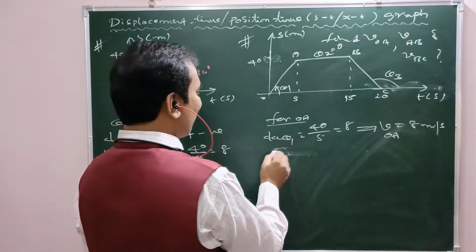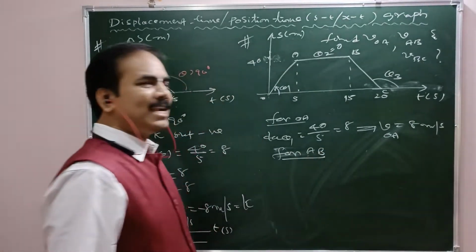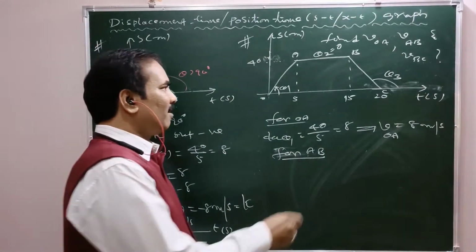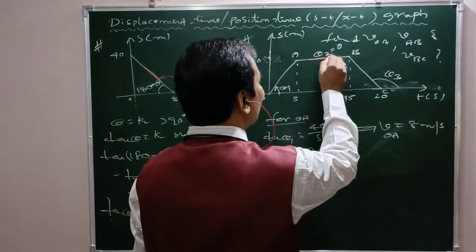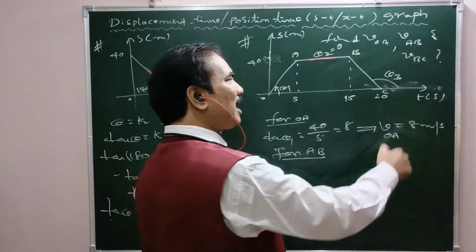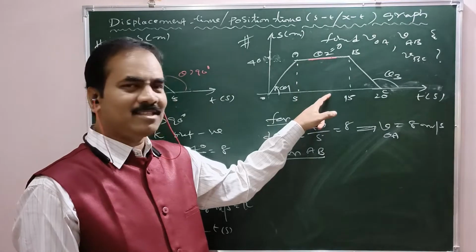Now for segment AB, see what theta is here. If I draw one tangent for this segment, it becomes parallel to the time axis or x axis. What is the angle made by this tangent with the x axis? 0.